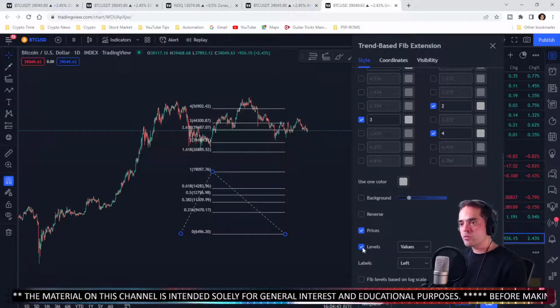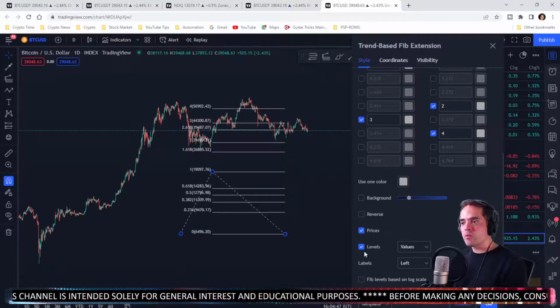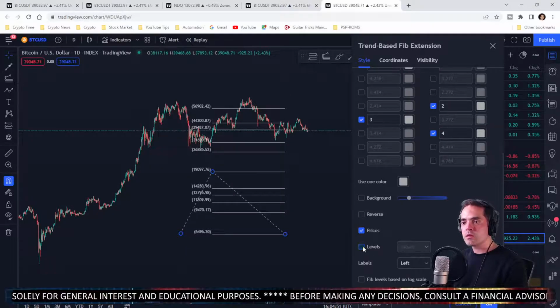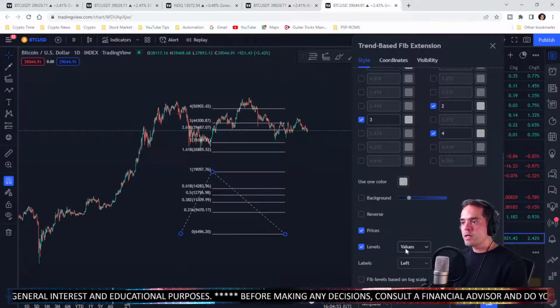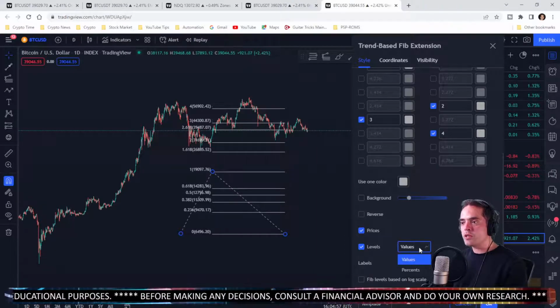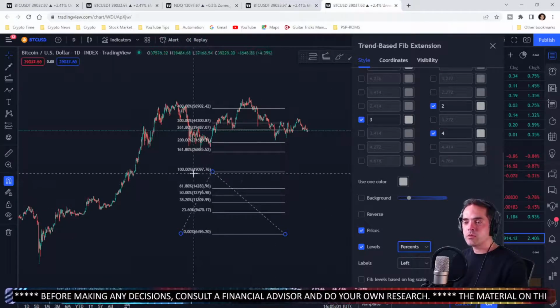The levels as well. But the levels, those are the Fibonacci levels. So you won't remove that, okay? But what you can do is to go to values and change to percentage if you like to do so.